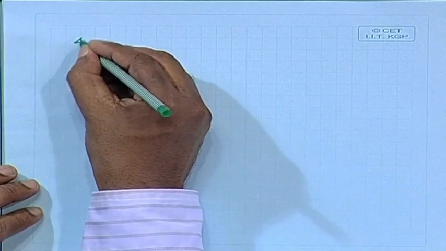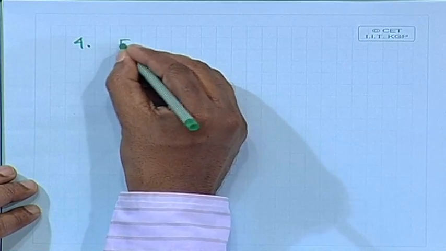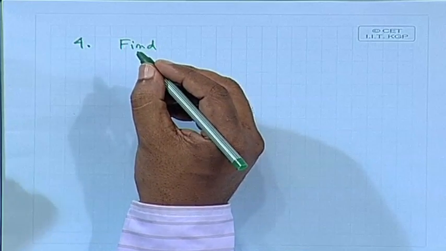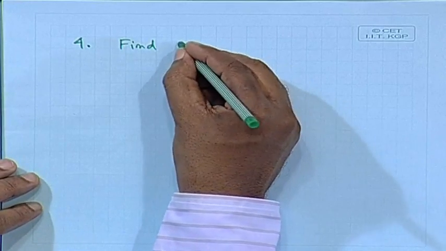Number 4, we have two parts of moment of resistance, one is Mu1, another is Mu2.